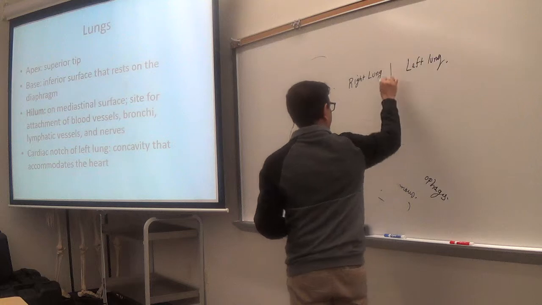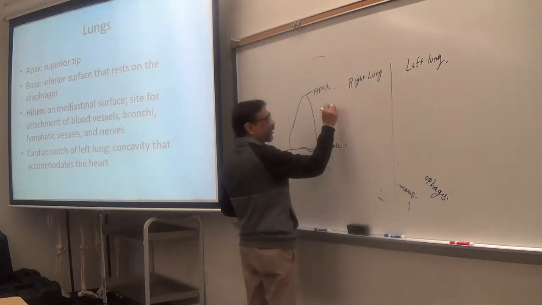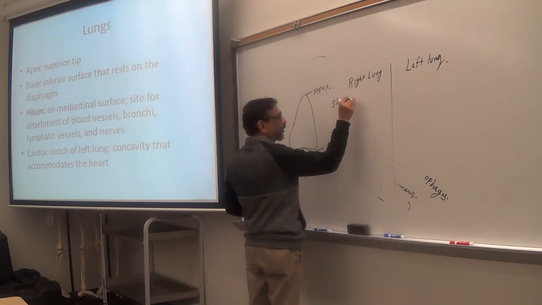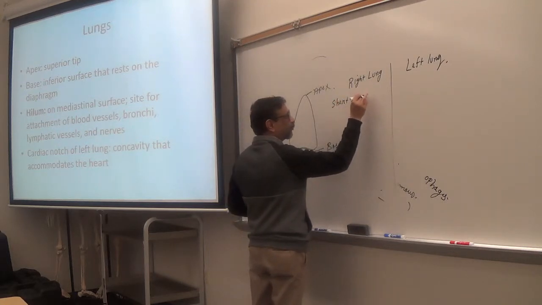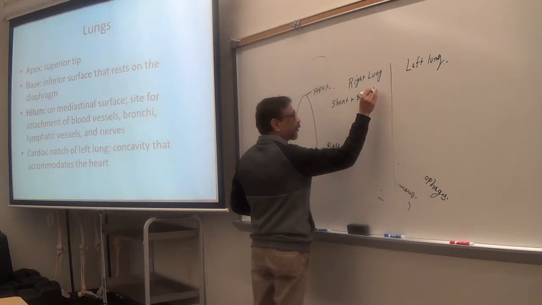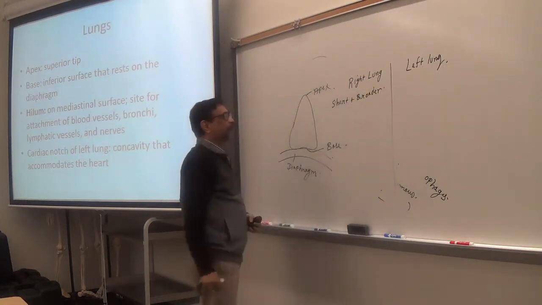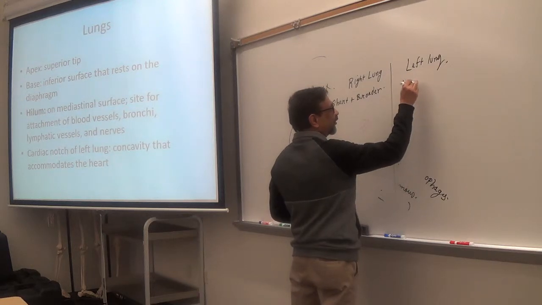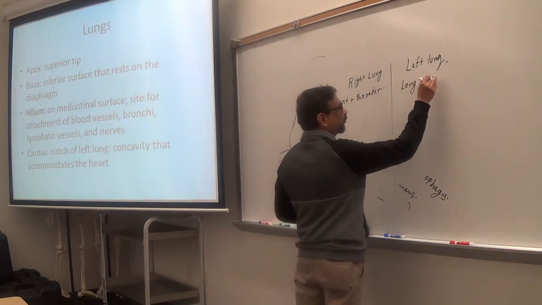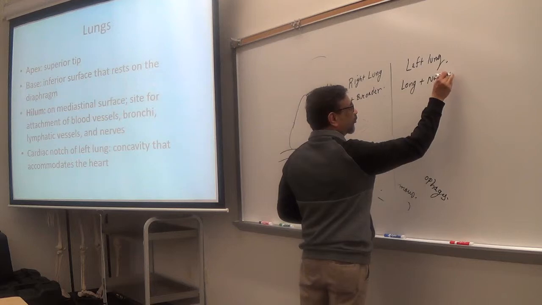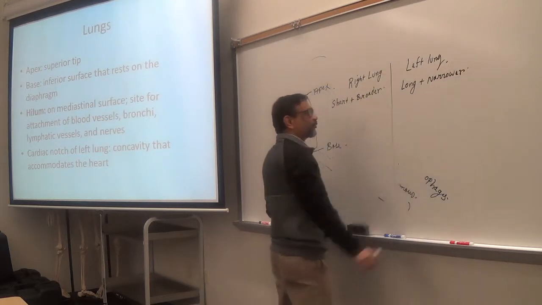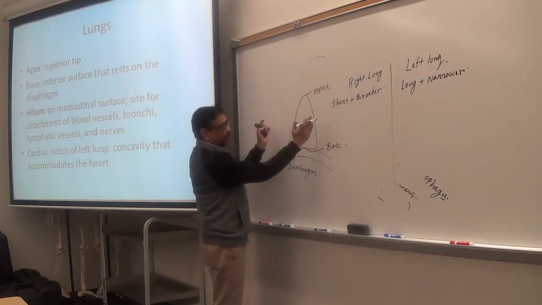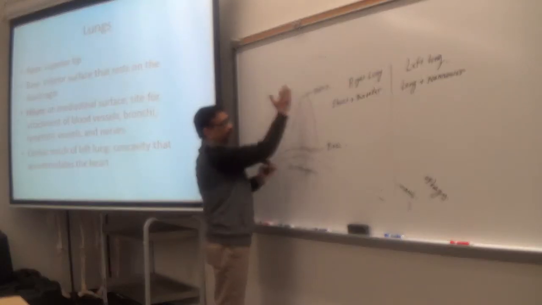Okay? If you see the differences, right lung is what? Short and broad. Shorter and broader. Left lung is long and narrow. Opposite, right? So right lung is this way short and broad. Left lung is this way narrow.